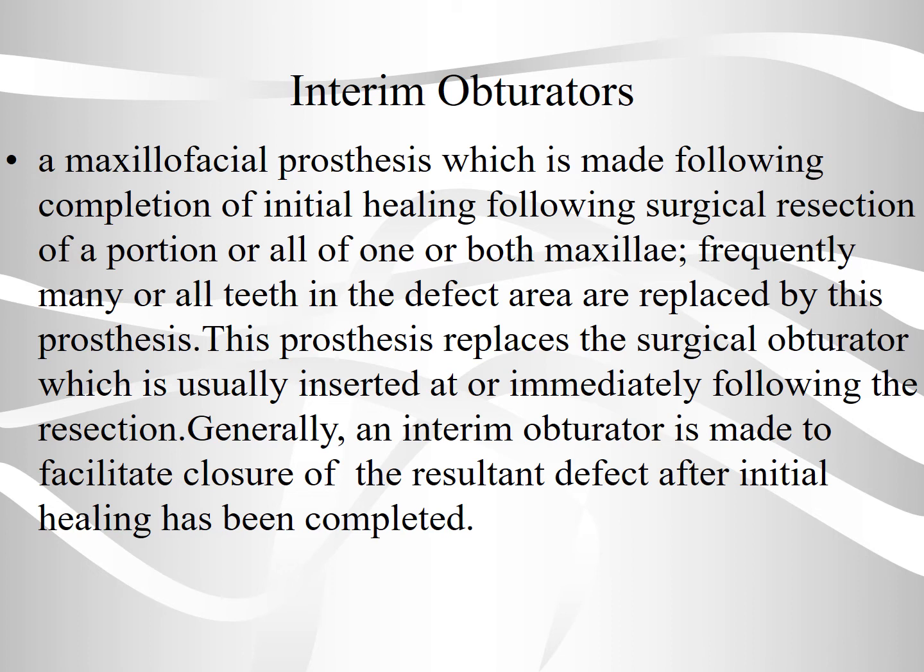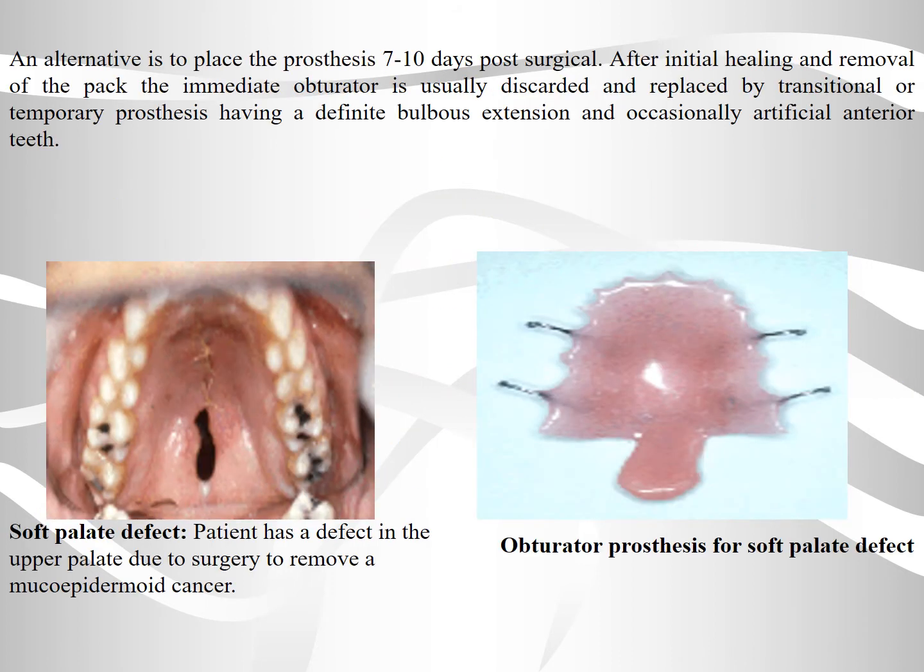This prosthesis replaces the surgical obturator, which is usually inserted at or immediately following the resection. Generally, an interim obturator is made to facilitate closure of the resultant defect after initial healing has been completed.